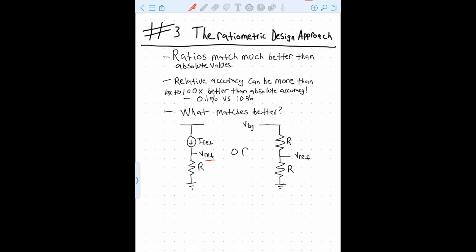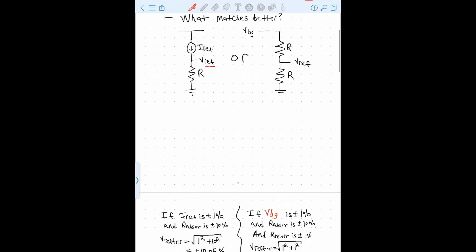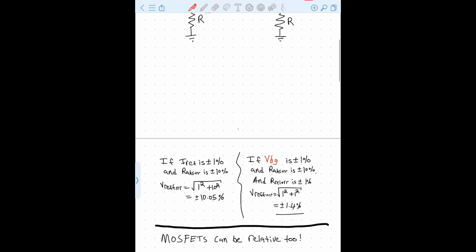So now I'd like you to think about this and tell me which of the two you think would be a better approach if you're looking for a precision VREF. It would be the one on the right, and I'm about to show you why.